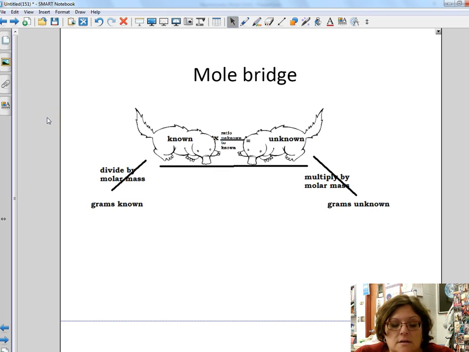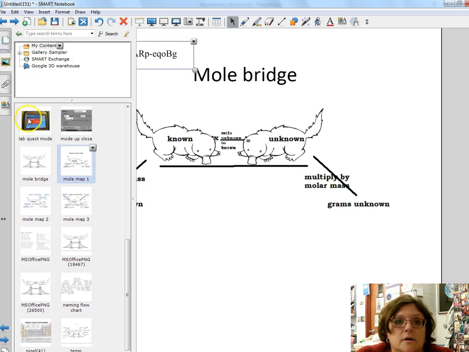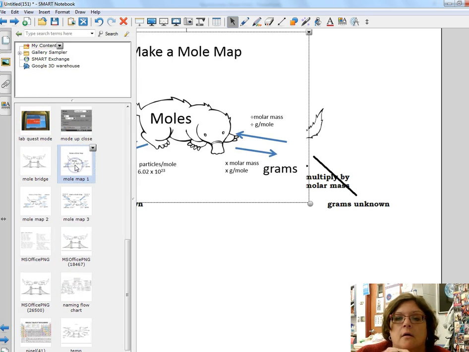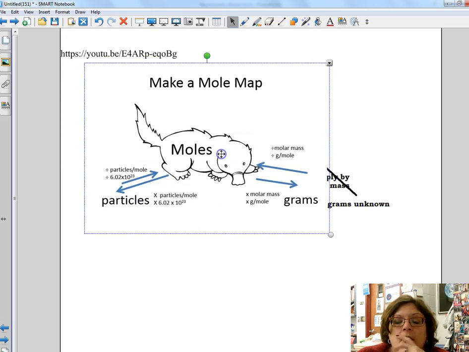And now I want that picture back. That means we're going to need to remember how to change from moles. For now, we're just going to worry about grams, but we can actually apply this anyway.